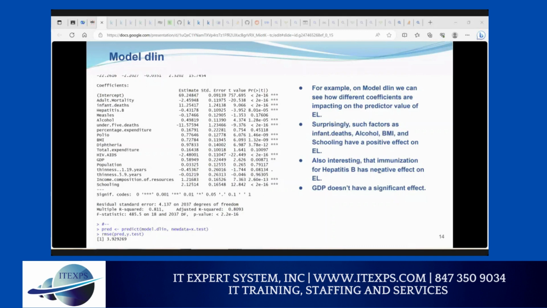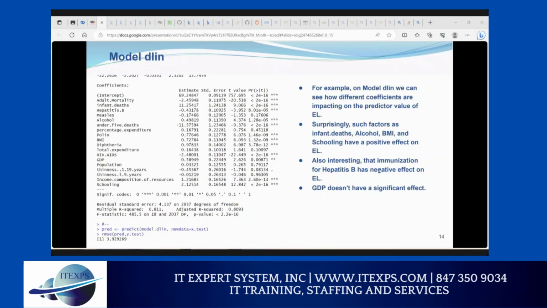And again, surprisingly, immunization and hepatitis have a negative effect on life. And surprisingly, GDP basically has a very small impact. So I was surprised, especially with alcohol and GDP. And alcohol has a positive relation with life expectancy. That's really good.